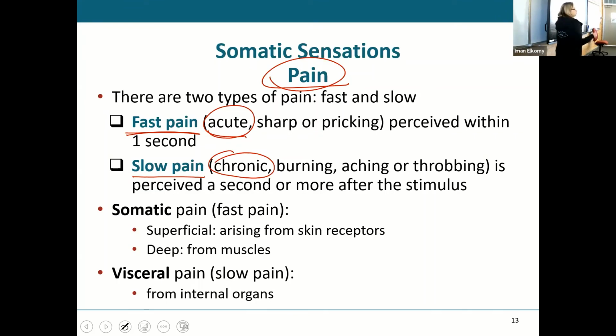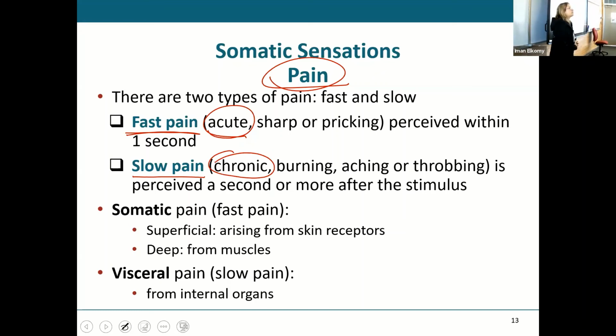Fast pain can be sharp. It'll come on suddenly and it'll hurt bad. It's acute. It's a stabbing pain all of a sudden that I got on my side. Slow pain is that achy, throbby pain.